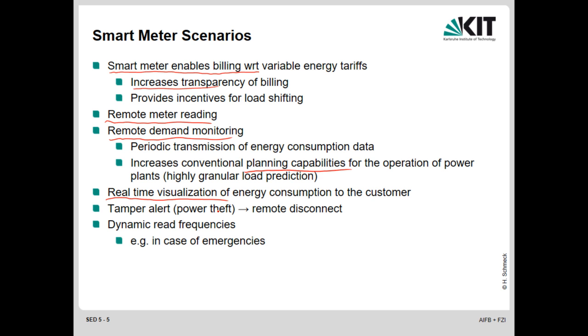You have a possibility to notice, oh, at this location, the smart meter shows that energy is consumed, but I know that nobody actually has a contract there with the company, and so you can remotely switch off the power supply.